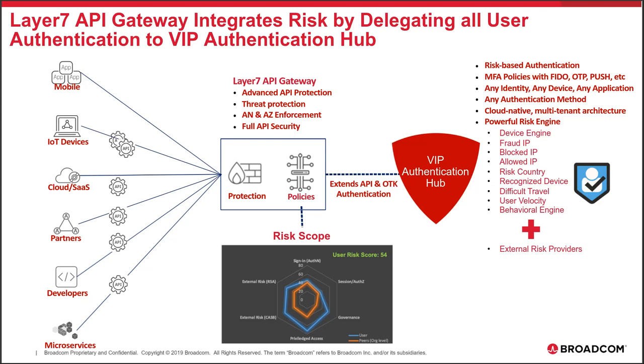So in this particular case, our solution called VIP Authentication Hub seamlessly integrates with a gateway service, which can then protect an API and apply risk-based policies to properly secure those APIs with zero trust. And of course, it can be your authentication service, your API gateway, or your own policy enforcement point that ultimately has the same kind of behavior.